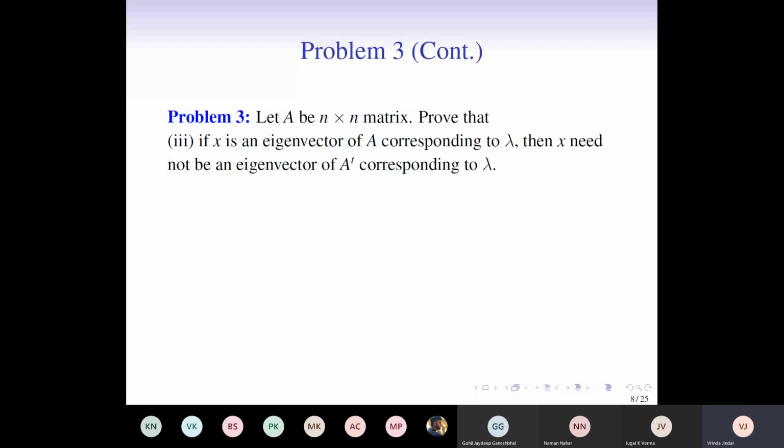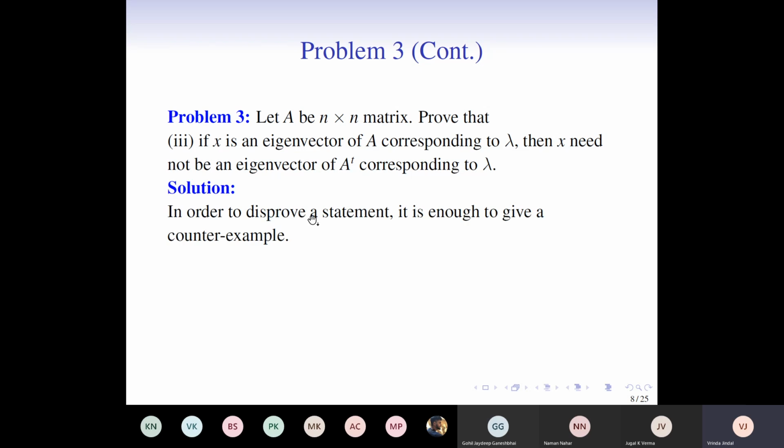Now the third part of the question was to prove that if lambda is an eigenvalue of A and x is the corresponding eigenvector, then it is not necessary that x will be the eigenvector for A transpose corresponding to lambda. The eigenvalues of A and A transpose are the same, but the corresponding eigenvectors need not always be the same.